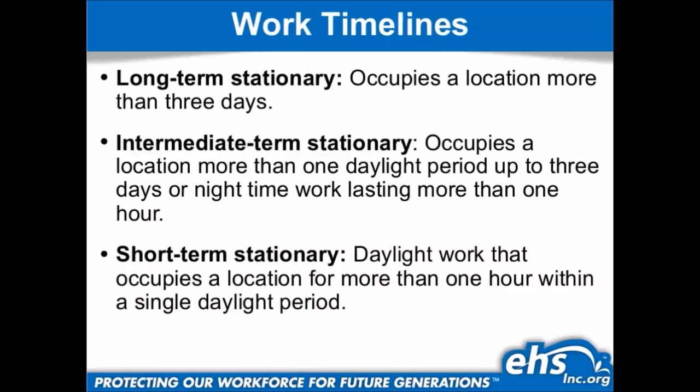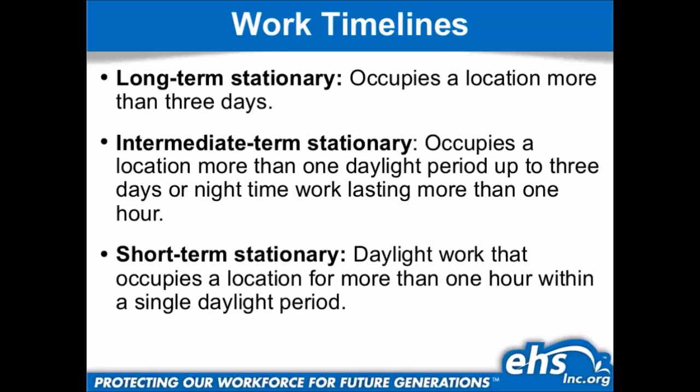Work timelines. Now, the longer you're out there, the more how you're setting up is going to be a little bit different. Long-term stationary: anything that's considered long-term, you should have an engineered, designed traffic control plan. Anything long-term stationary, what's going to stay in place longer than 3 days, has to have that engineered plan.